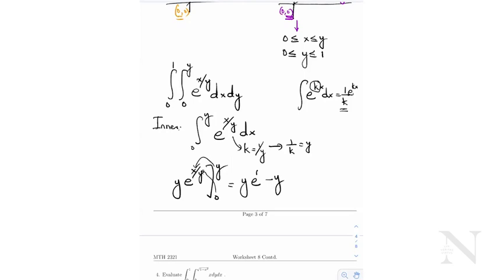I don't want to make it all cluttered here, so the inner integral is y times e to the power of x over y evaluated at the limits, which gives ye minus y.